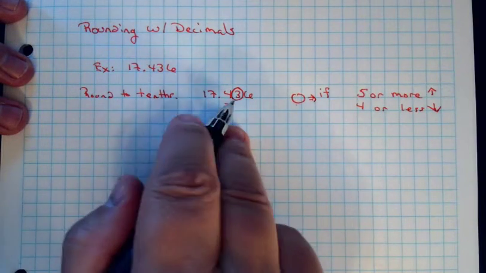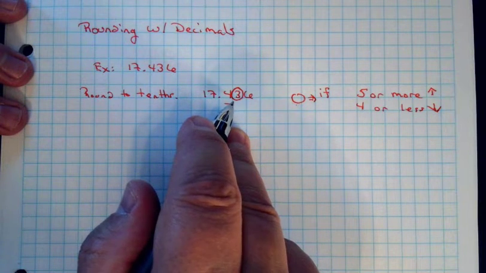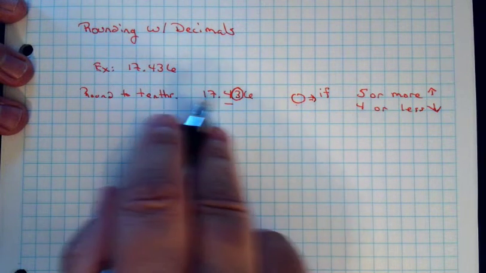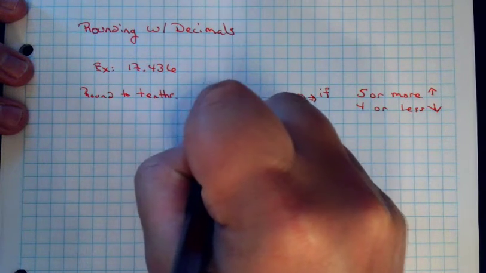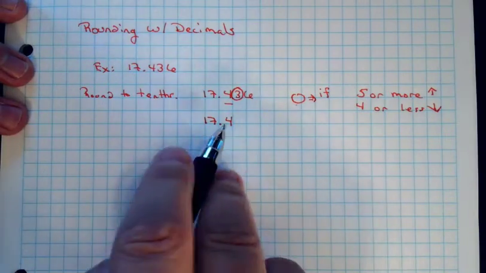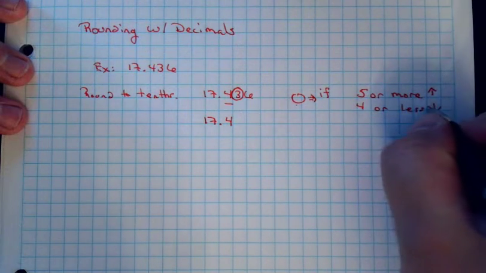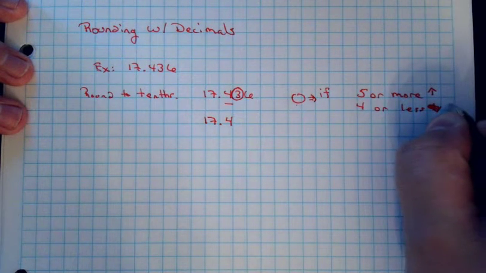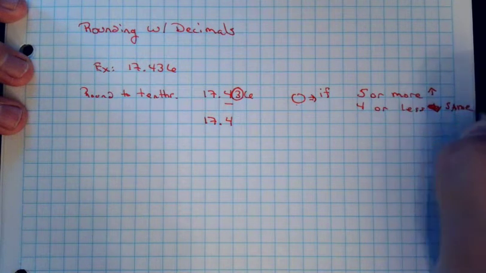So in this particular case, since the 3 is less than a 5, we're going to go down, and so I'm going to write this as 17.4. Okay? Not necessarily down. We want it to stay the same. That's what I meant to say.